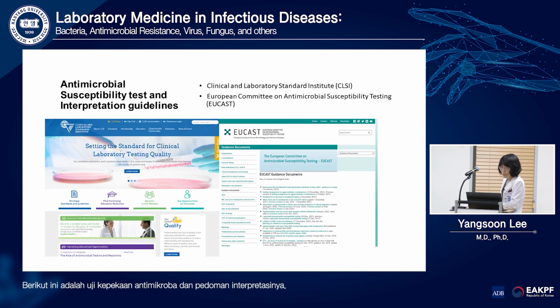The following is antimicrobial susceptibility testing and its interpretation guidelines. There are CLSI guidelines from the Clinical and Laboratory Standards Institute from the USA and the EUCAST guidelines from the European community. The guidelines are updated annually and are used for interpretation.